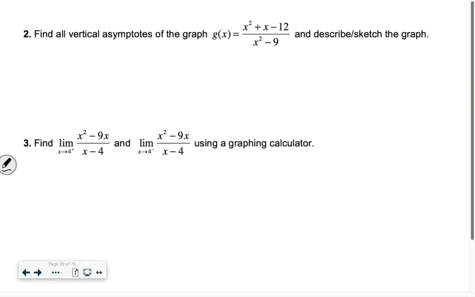So it says find all vertical asymptotes of the graph and describe/sketch the graph. Okay, so if we factor the numerator and the denominator, the denominator factors easily. It's x plus 3 and x minus 3. But the numerator factors into x minus 3, right? And then x plus 4.